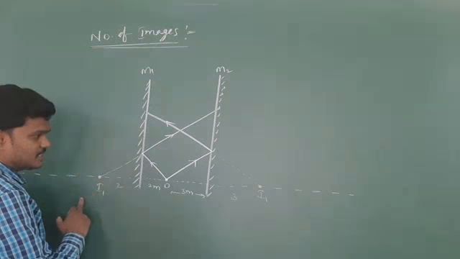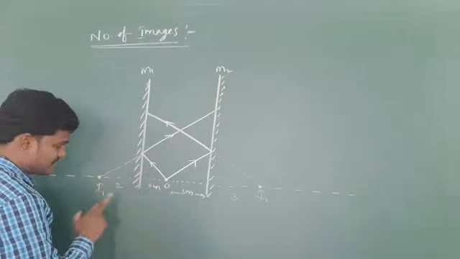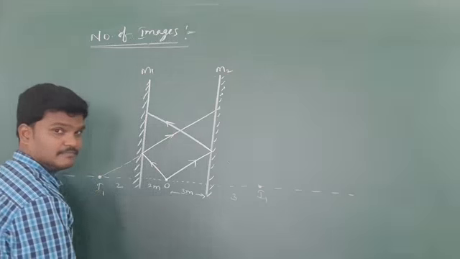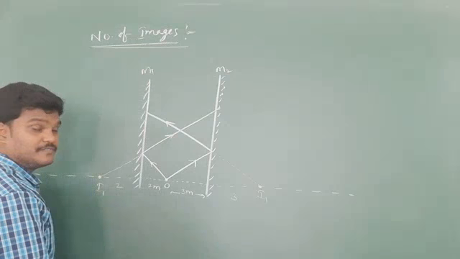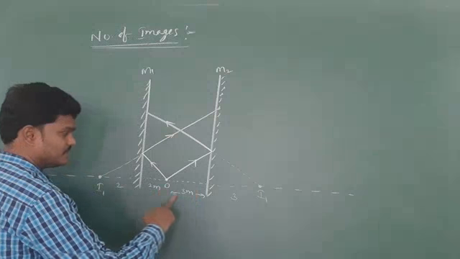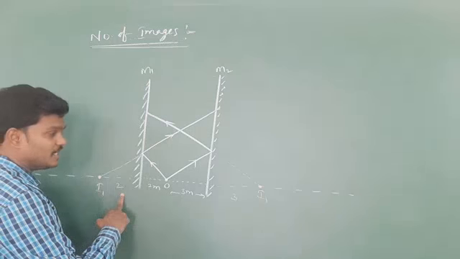So the distance between first order images is 2 plus 2 plus 3 plus 3, that is 6 plus 2 plus 2, total 10 meter.